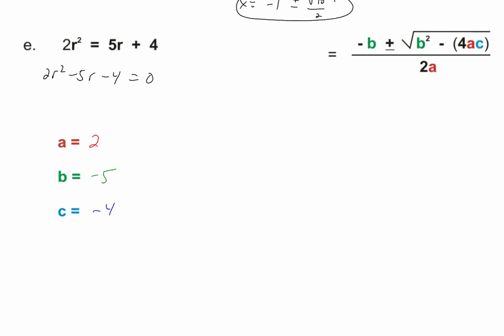Hopefully those are the values you got. All right, set it equal to 0. So you added a negative 5r to both sides. You added a negative 4 to both sides, right? That made your A a 2, your B a negative 5, and your C a negative 4.